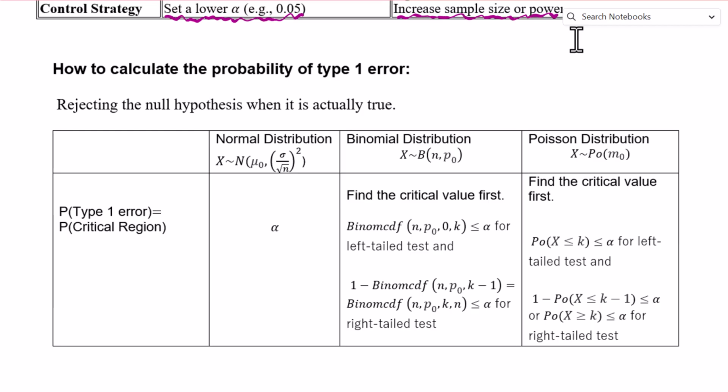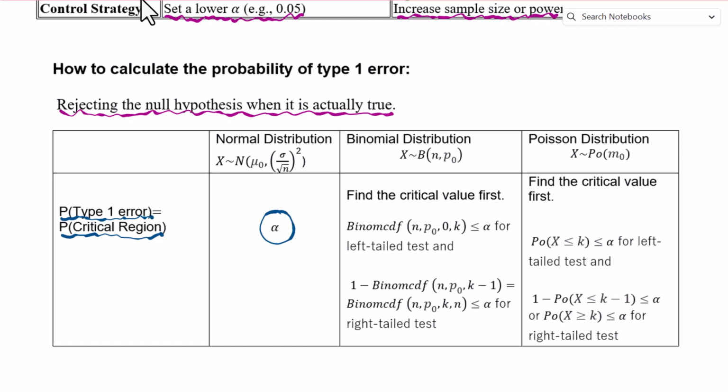How to calculate the probability of type 1 error? We know type 1 error is rejecting H0 when it's true. The probability of type 1 error equals the probability of the critical region. In normal distribution, this significance level alpha is the probability of type 1 error.